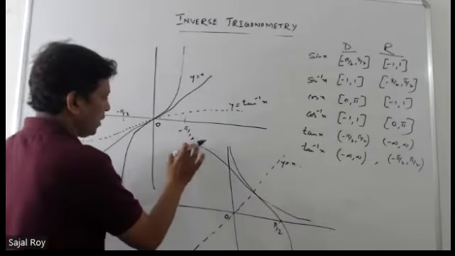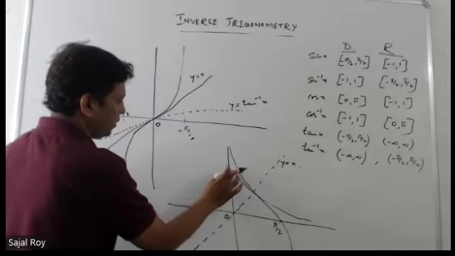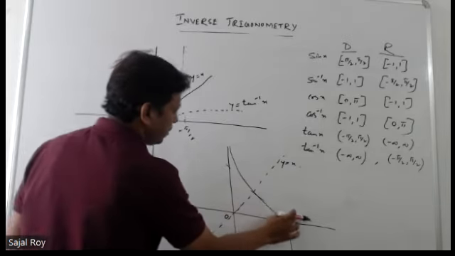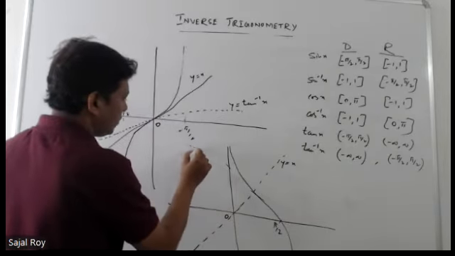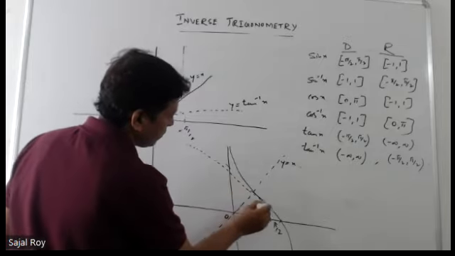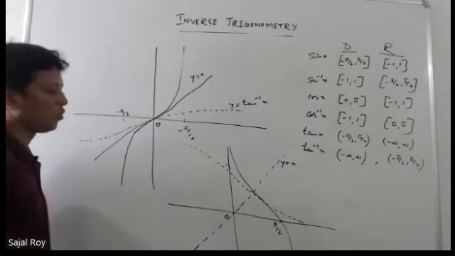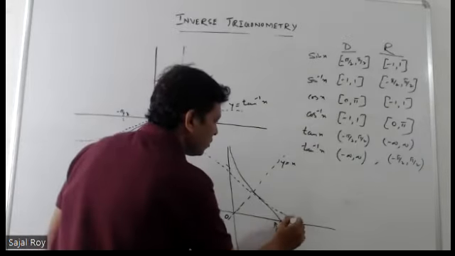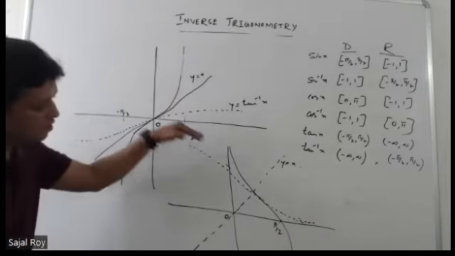This dotted portion, let me draw with the dot, is your cot inverse. Cot inverse x is a decreasing function.